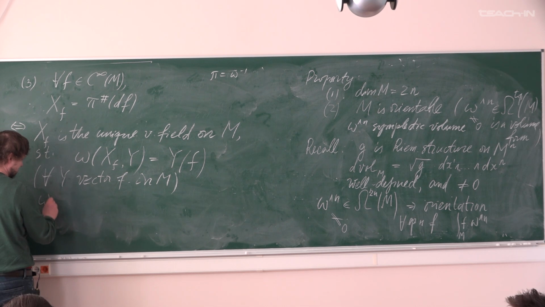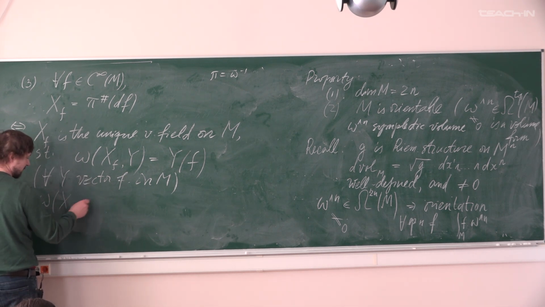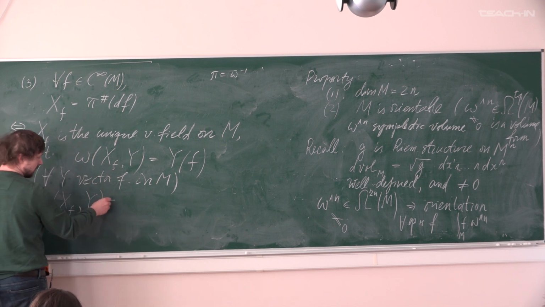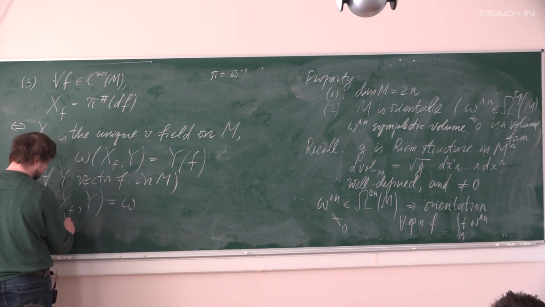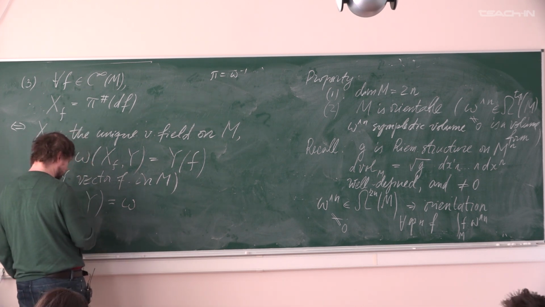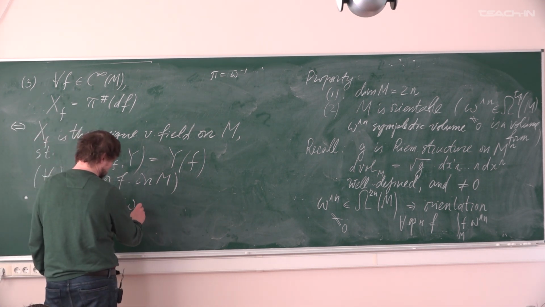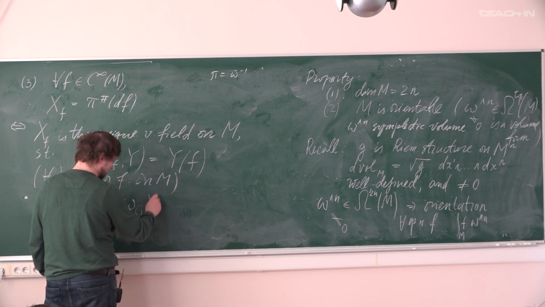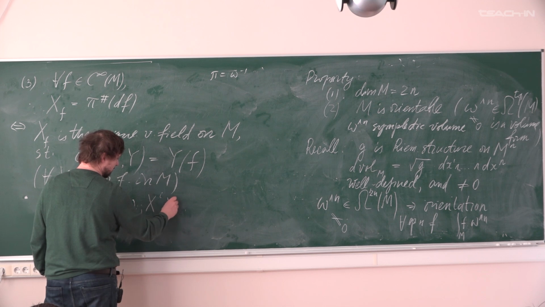Let us write down this condition. We don't know what X_f is, but we know what this pairing is. I'll denote X_f by X, just for the sake of brevity. So it is equal to omega_ij times x^i times y^j.